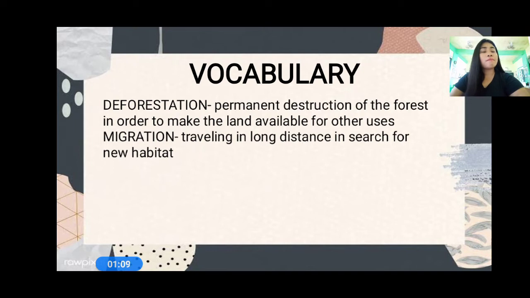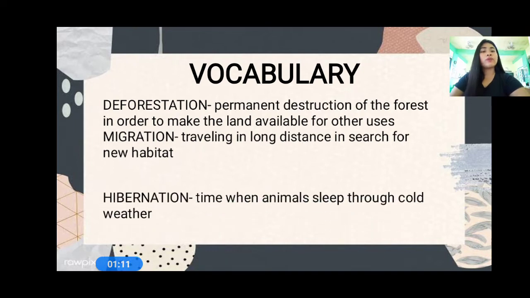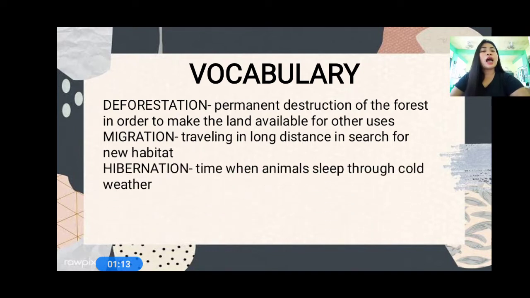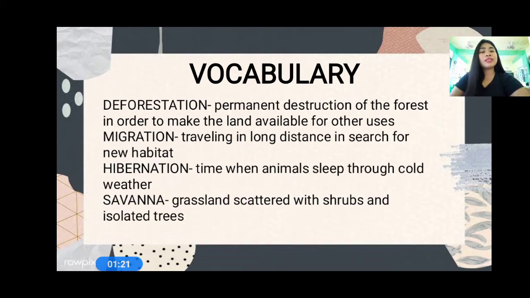That is migration. And when we say hibernation, a time when animals sleep through cold weather, that is hibernation. And when we say savanna, that is a grassland scattered with shrubs and isolated trees. Okay, so those are the meaning of the words.